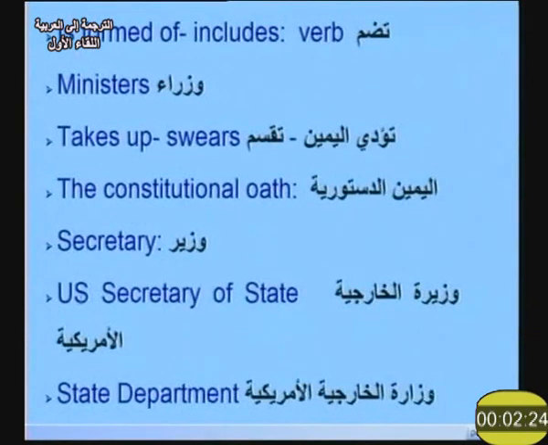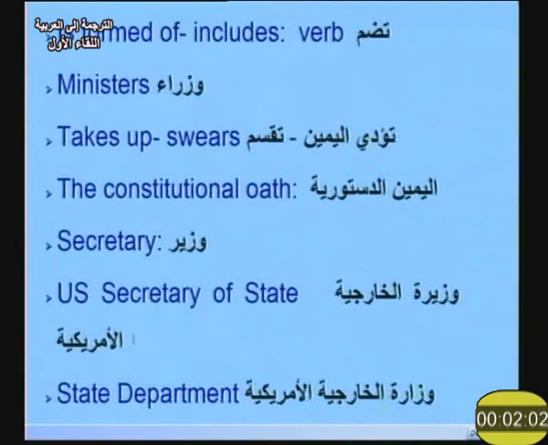Secretary معنى وزير. US Secretary of State وزير الخارجية الأمريكية. طبعا foreign secretary هو وزير الخارجية في العالم كله، لكن في الخارجية الأمريكية نعرف الفرق. US Secretary of State: this is political terminology. We can't change it, it's fixed, and we must abide by this terminology.